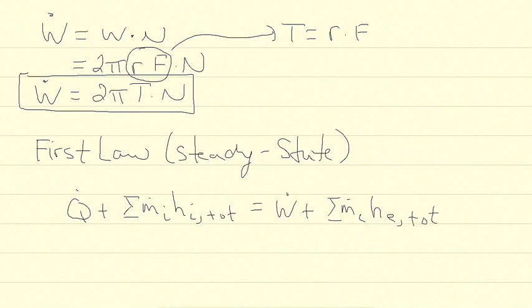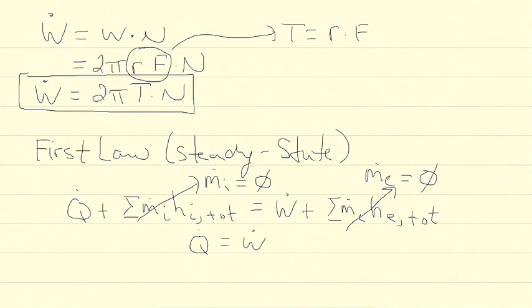When we dissect this, we see right away that this term is going to be 0 because m dot i is equal to 0. We don't have any mass transfer into the system. Likewise, this term will also be 0 because we have no mass transfer out of the control system. And so our first law simply becomes Q dot equal to W dot.